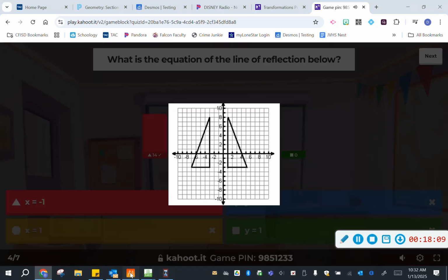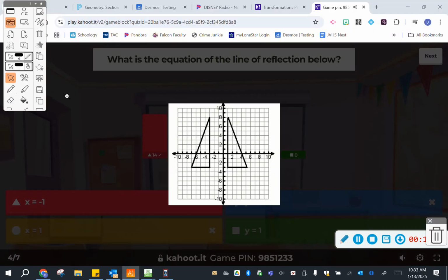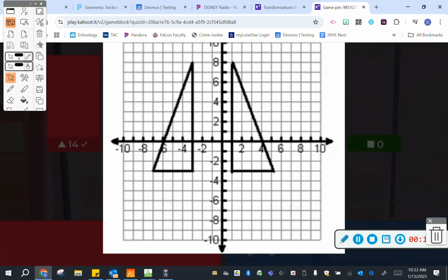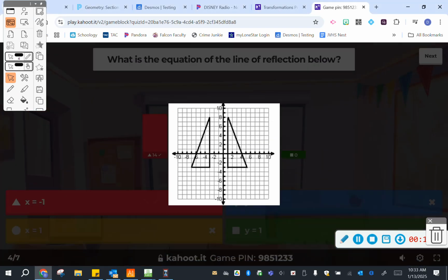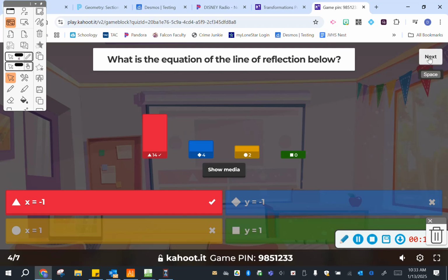For this one right here, the line of reflection, as a reminder, you are just going to count 1, 2, 3, 4. Where would the line of reflection be? Halfway, which is at -1 on the x-axis. So that's why it's x equals -1, not y, for the people that chose that one.